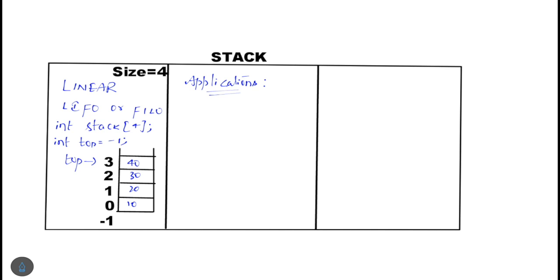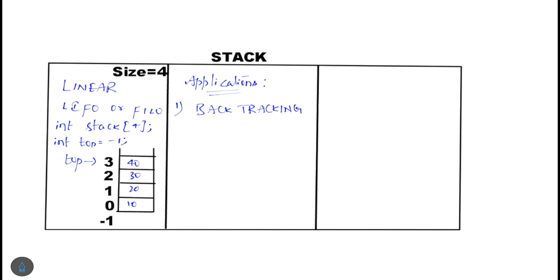So the main thing about the stack is that the concept of stack is backtracking. What is the meaning of backtracking? It means that if you are sequentially jumping from one particular state to another state consecutively, so currently you are in the nth state.